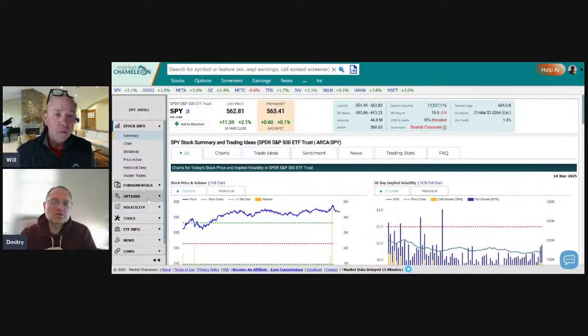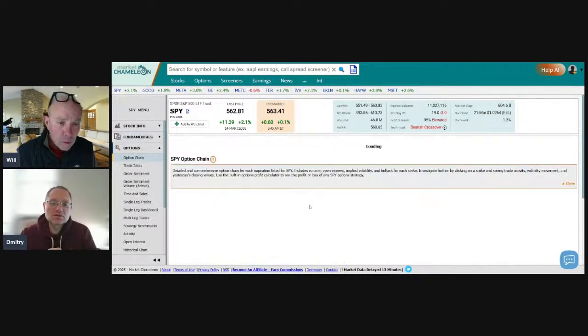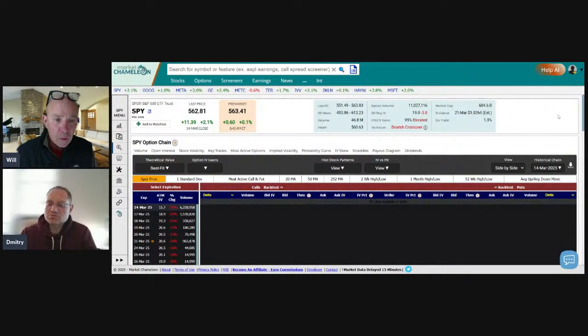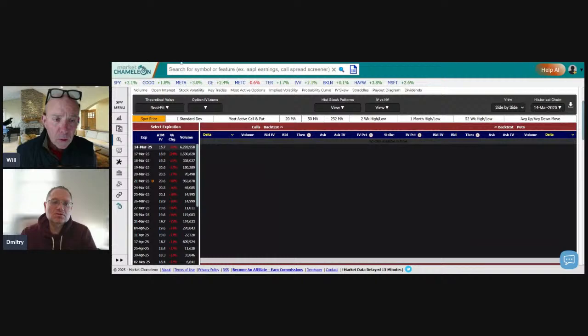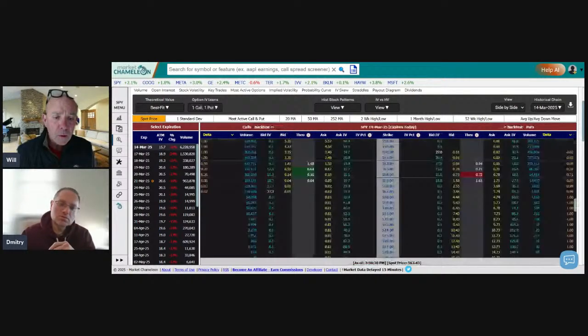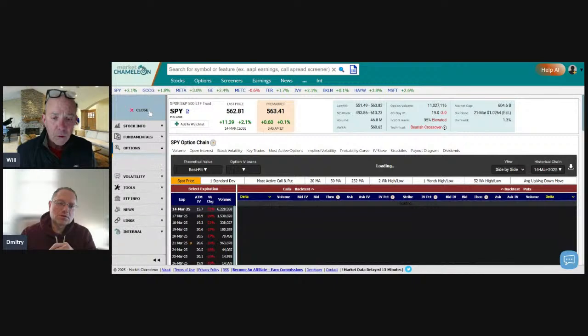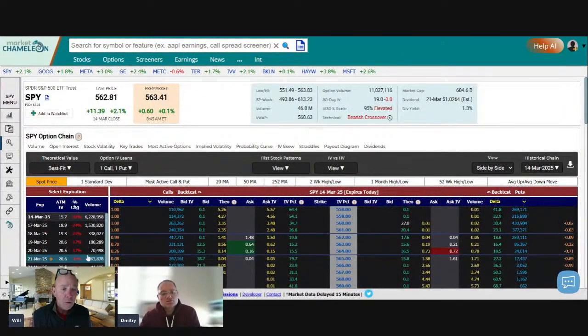So let's go here under options chain. And I'm going to first expand options chain. Hold on one second. Let me close this menu on the side to expand our view of the options chain.